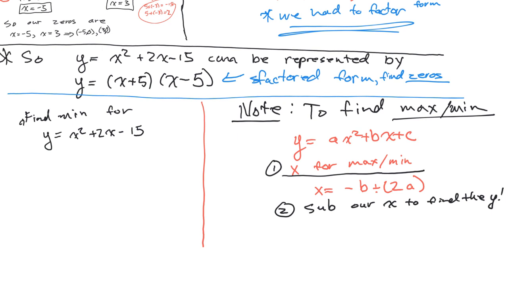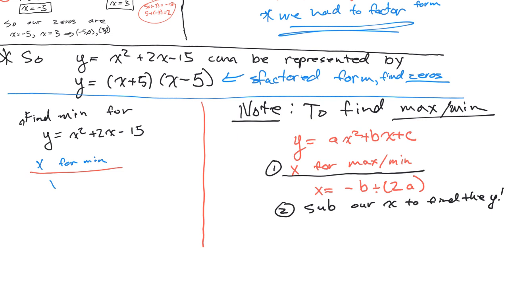The first thing that we said we had to do was find our x for the max or min. So let's go and actually write that out. The x for the min is going to equal this.